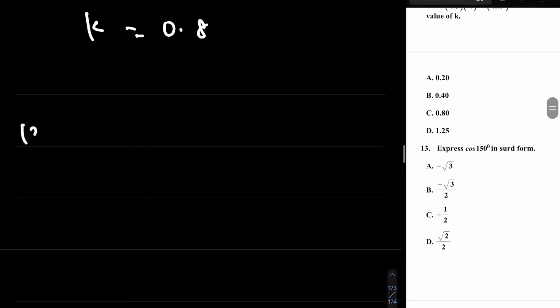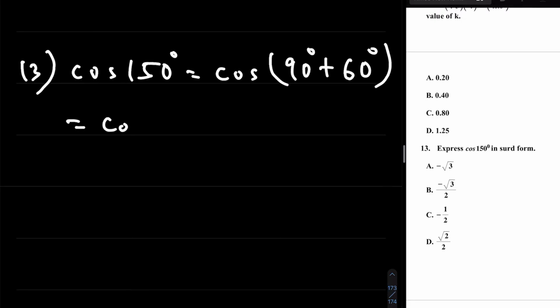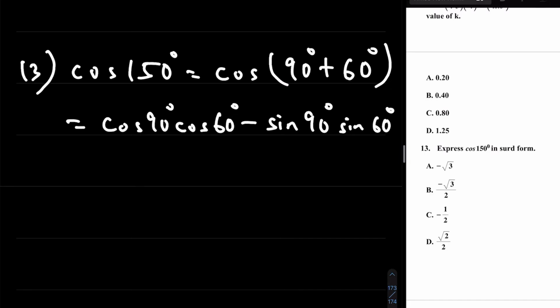Number 13, express cos 150 degrees in surd form. Cos 150 degrees can be written as the cosine of the sum of 90 degrees and 60 degrees. And that simply means cos 90 degrees cos 60 degrees minus sine 90 degrees sine 60 degrees.